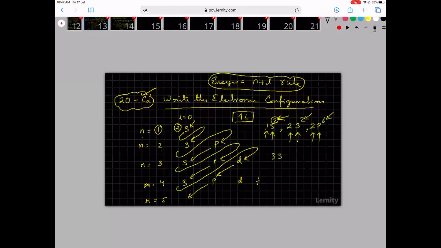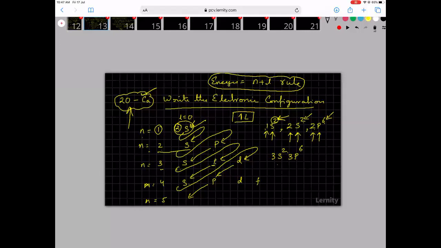Then 3s2. I am going clearly by this diagram: 1s, then 2s, then 2p, then 3s. Totally there are 20 electrons? 2 plus 2 plus 6 plus 2. 2 plus 2 is 4, plus 6 is 10, plus 3s. So I have not yet finished. After 3s they will go to 3p. 3p can have maximum 6.